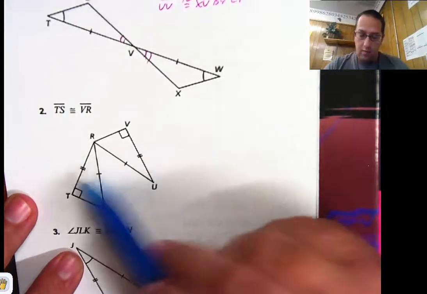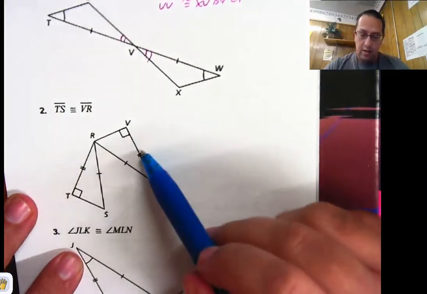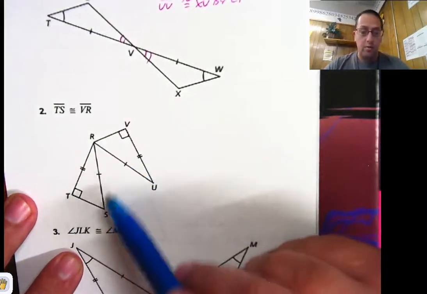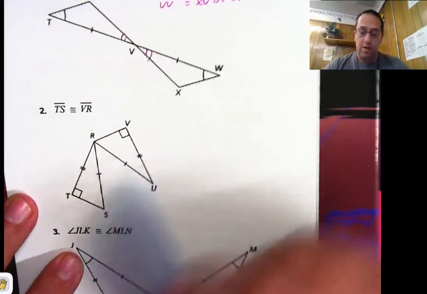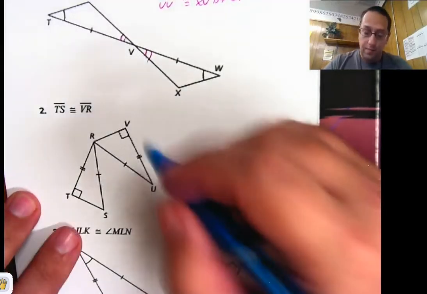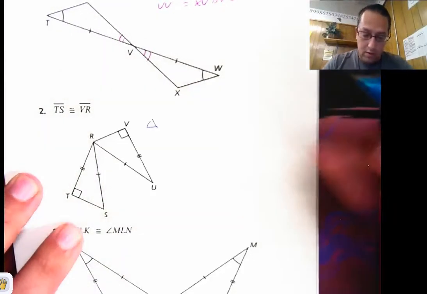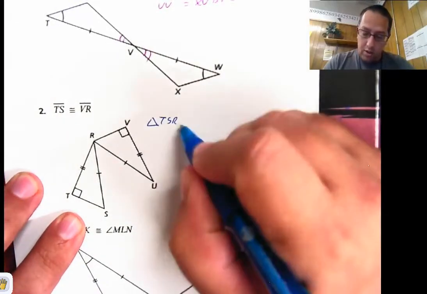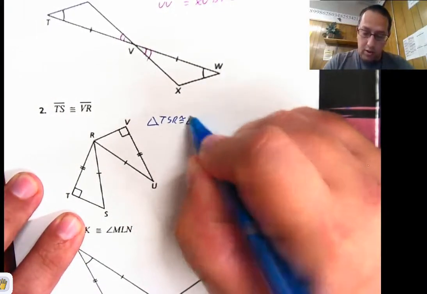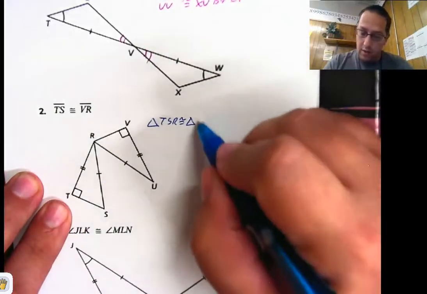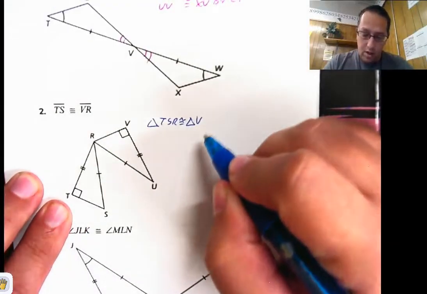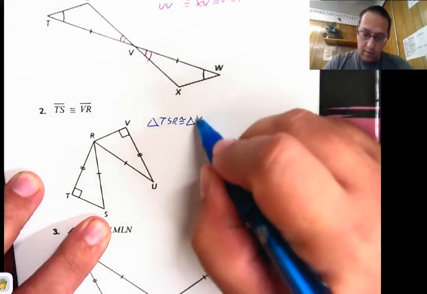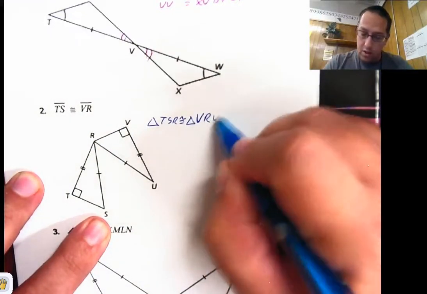We have one side here that is a leg. This is the long leg on both of them, so they're corresponding legs. And the hypotenuse. So we have hypotenuse is congruent, we have legs congruent, so this is hypotenuse leg. So we can say that our triangle is congruent. Triangle TSR is congruent to triangle, let's see, TVU. No, S. S is the short side, so R. So VRU.